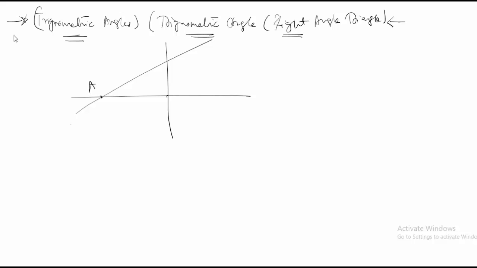So if you have a triangle given by A, B and C, and this is my angle theta, then AC is known as my hypotenuse, AB is known as my adjacent, and BC is known as my opposite side.